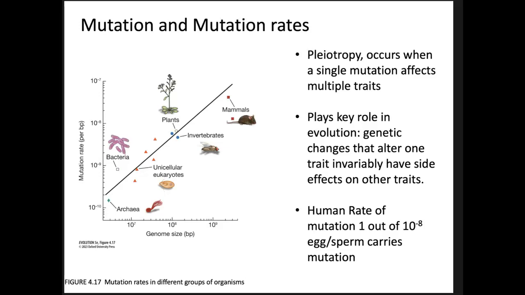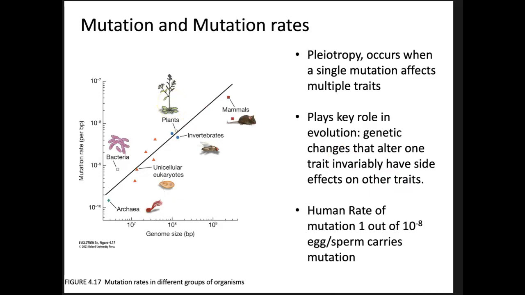And if we look at this little graph, it turns out that things like bacteria and some of these single-celled organisms tend to have quite different mutation rates than mammals and invertebrates and plants.